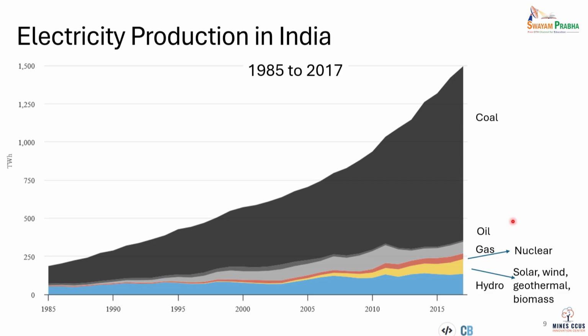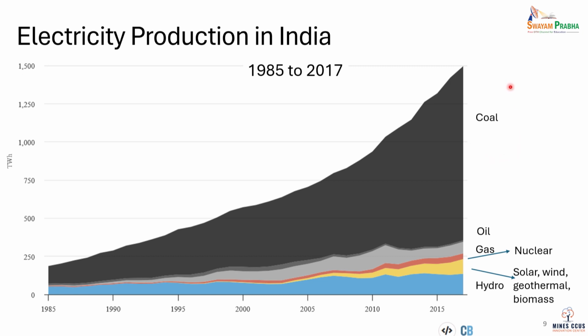We cannot say we'll cut off the coal, we're not going to use coal anymore, because these are not in abundance in India. We import oil and gas. So India is a net importer of oil and gas, so we cannot cut these. We can increase this part, but that will depend on capacity.